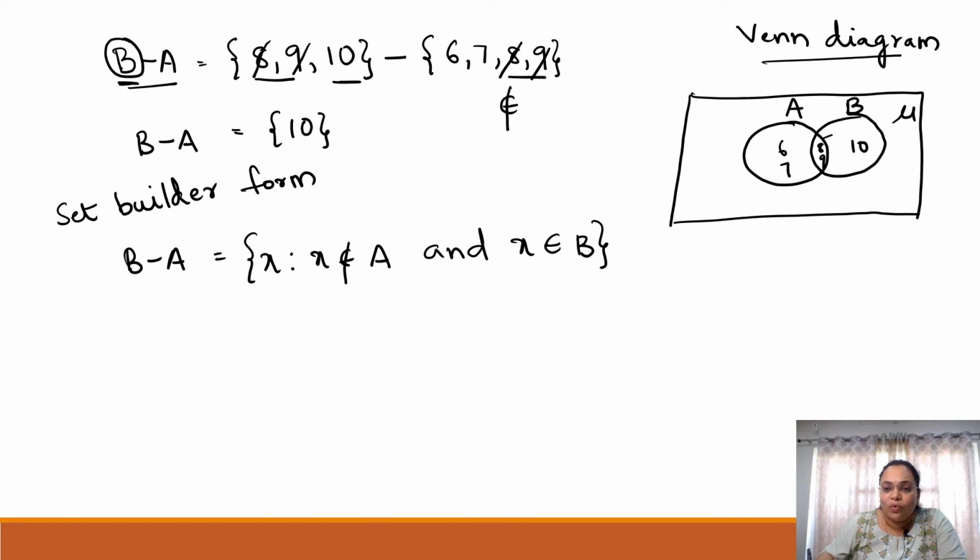But we will only consider B. We will not consider the common part as well. Yes, this is for B minus A.